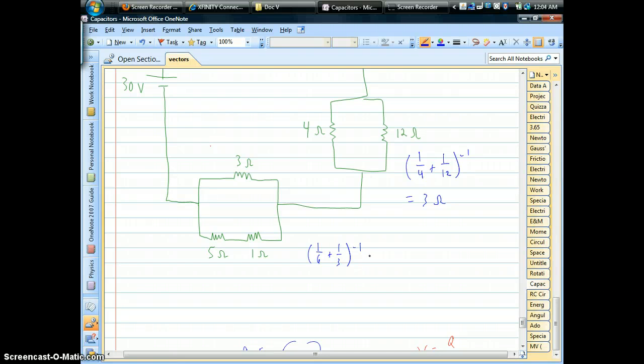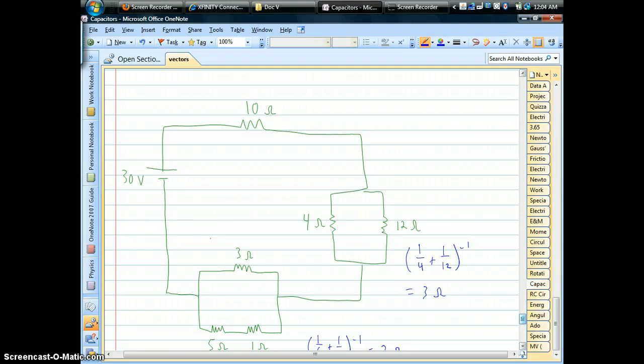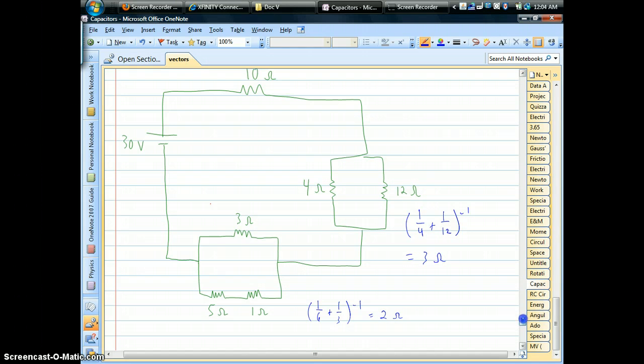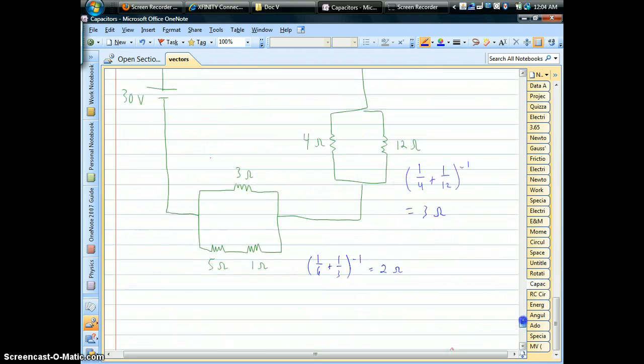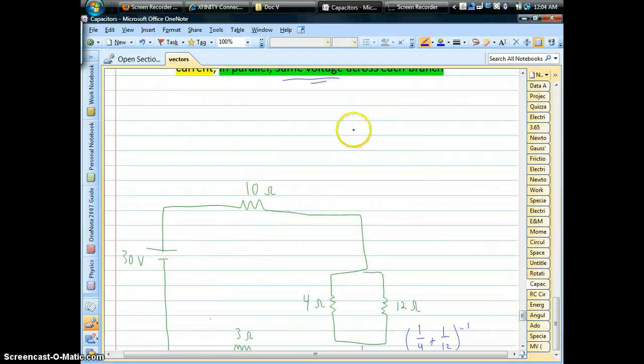Add those reciprocals together, flip it over, and we should get 2 ohms total. Okay, so the fact that we have multiple parallels means we could probably redraw this thing. Let's just make it easier on ourselves. Okay, I'm going to do that right up here.